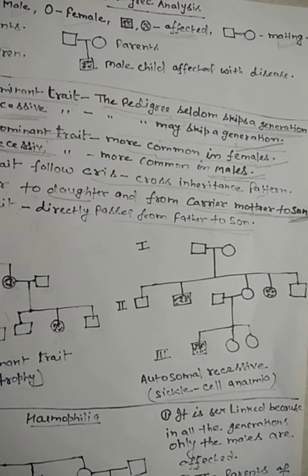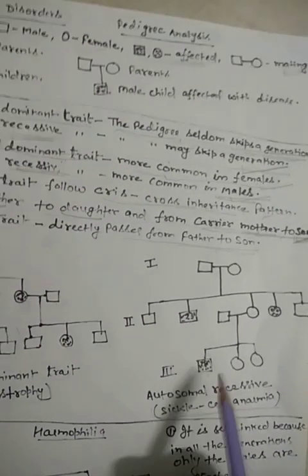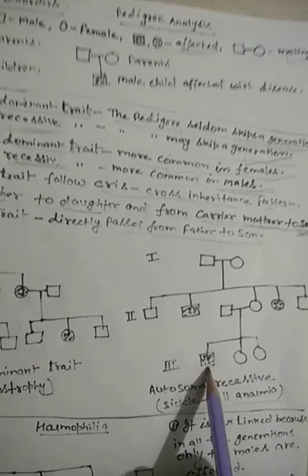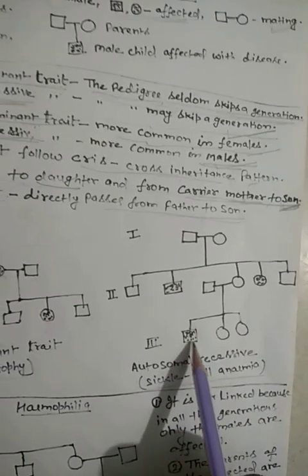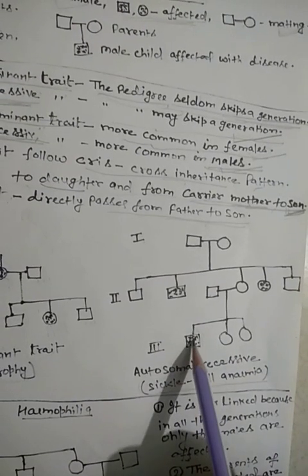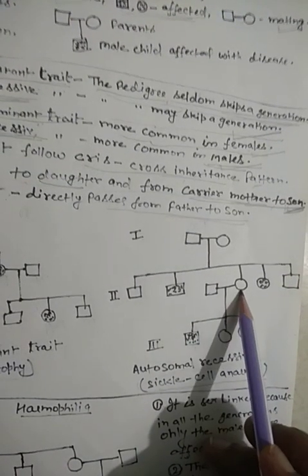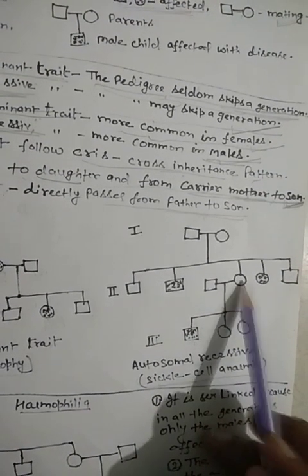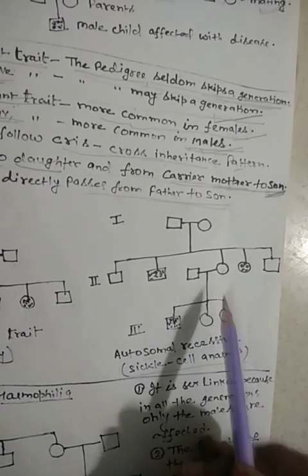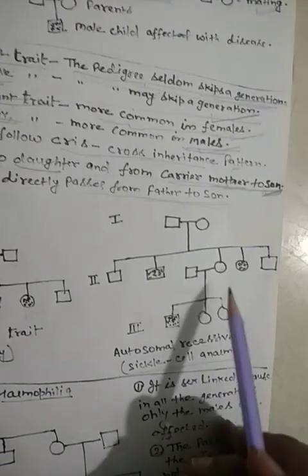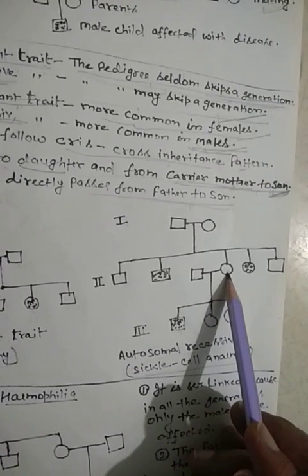In this condition, we know that sex-linked inheritance follows the pattern of criss-cross. It means his mother must be a carrier, because a mother transfers her sex-linked gene to the son. This is the criss-cross. So the mother must be a carrier.